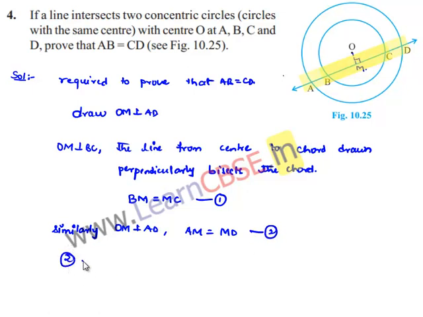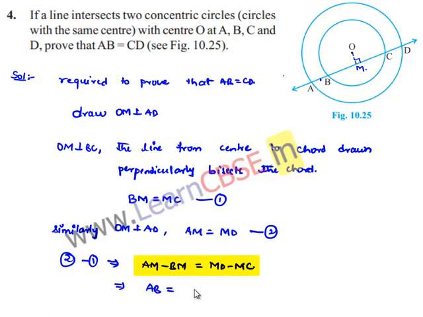Now let us consider 2 minus 1, which implies AM minus BM is equal to MD minus MC. That implies AM minus BM, which is the segment AB, is equal to MD minus MC, which is the segment CD. Therefore this is the required proof, that is AB is equal to CD, and it is hence proved.